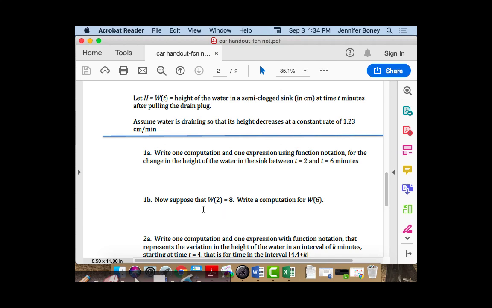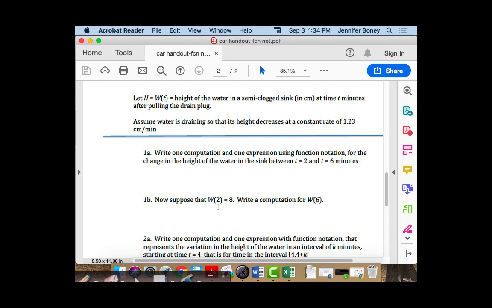So when W of 2 indicates t, the independent variable, is 2. So after 2 minutes, according to this, the depth of the water in the sink, or the height of the water in the sink, however you want to refer to that, is 8 centimeters. Is it increasing or decreasing? Decreasing, right? It's draining. So we talked about last time that it's draining at this constant rate, or the height is decreasing at a constant rate of 1.23 centimeters per minute.